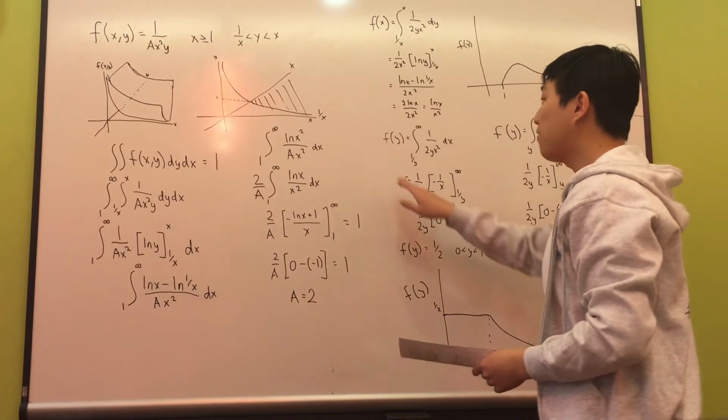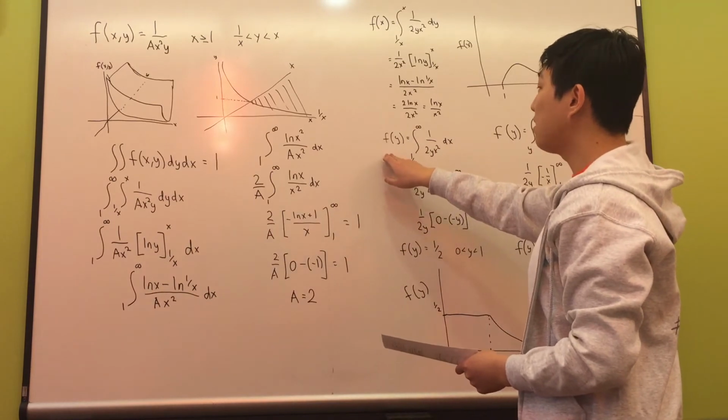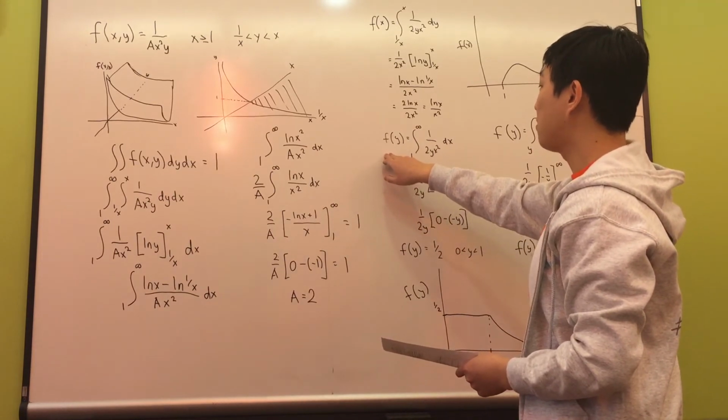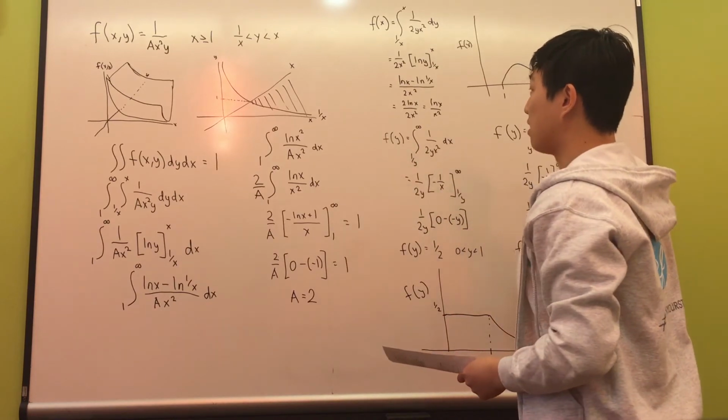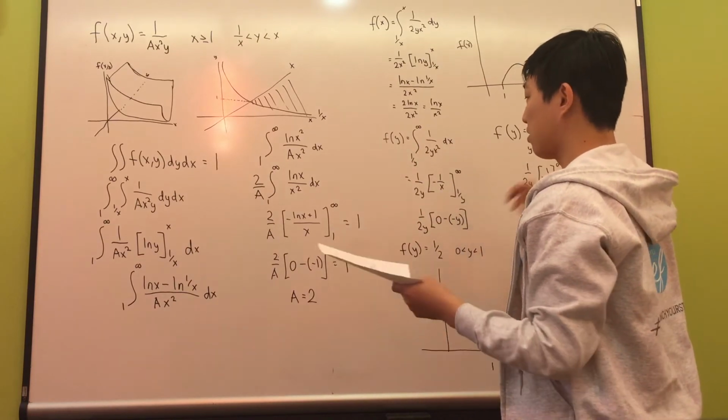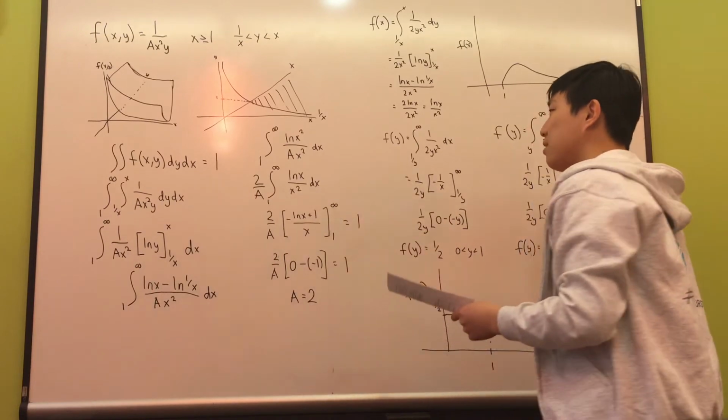Okay, so now to find f of y, similarly to what we've done with f of x, we have to integrate over the bounds of x to eliminate the component of x, so it's just in terms of y. But for f of y, it's a little bit trickier.